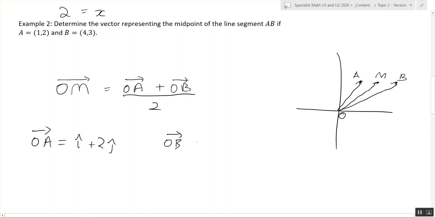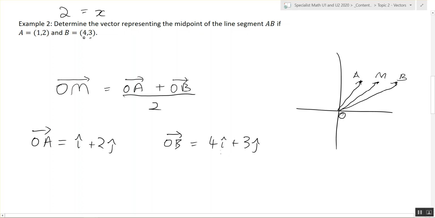OB is 4i plus 3j. So I've just taken the x, put it with the i unit vector, taken the y, put the j unit vector. And now we've got two vectors in Cartesian form.